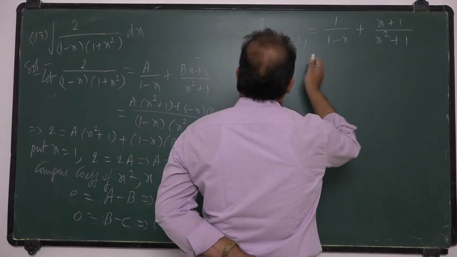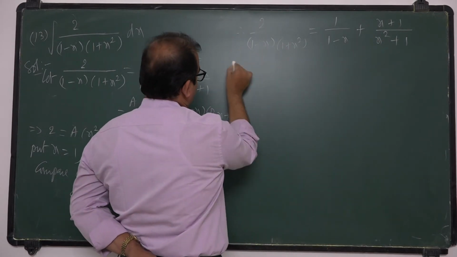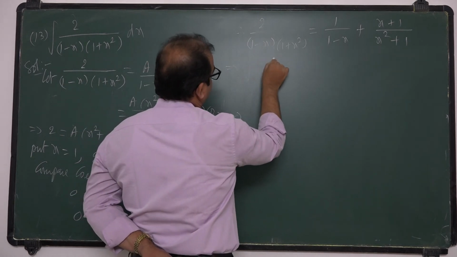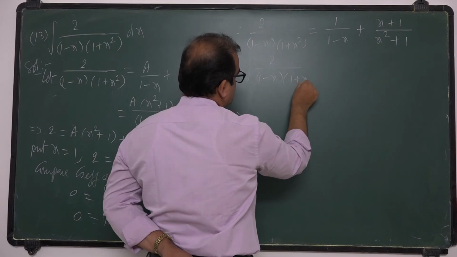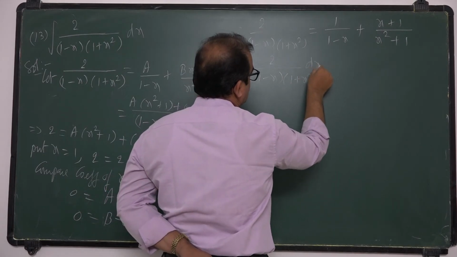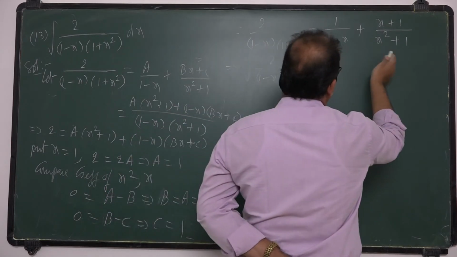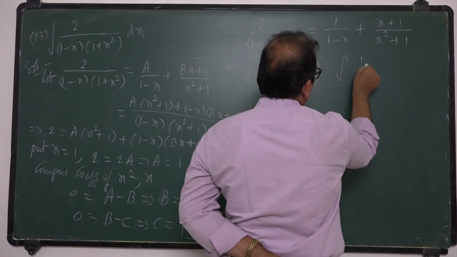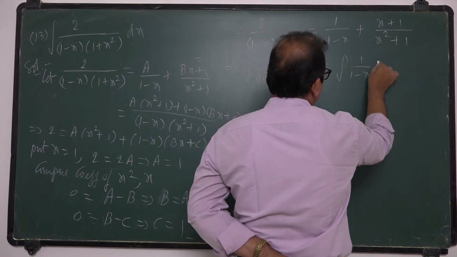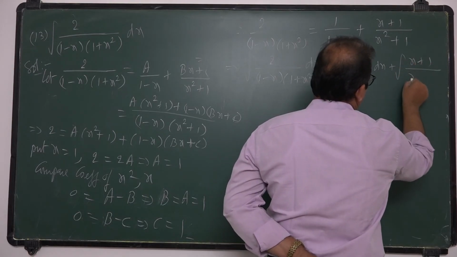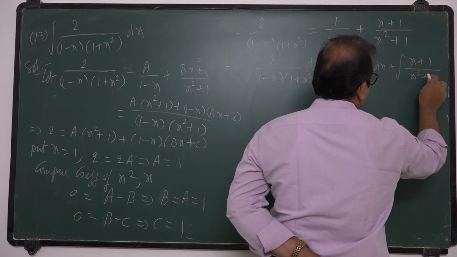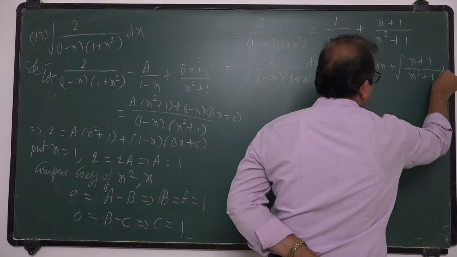Now integrate both sides. Integral of 1 by 1 minus x dx plus integral of (x plus 1) by (x squared plus 1) dx.